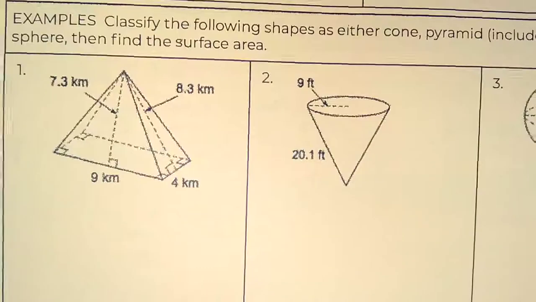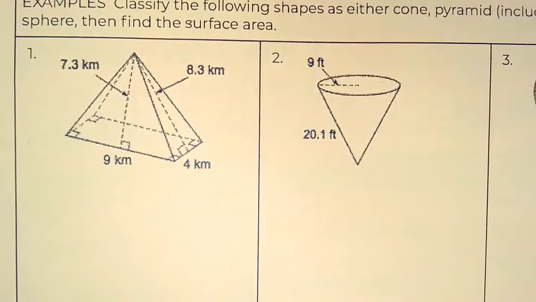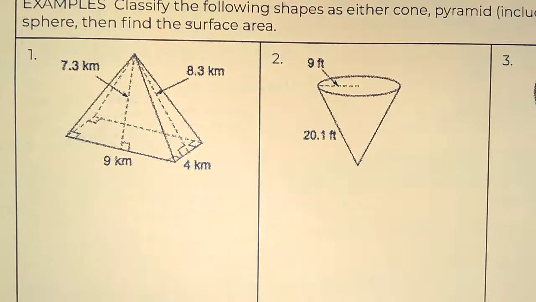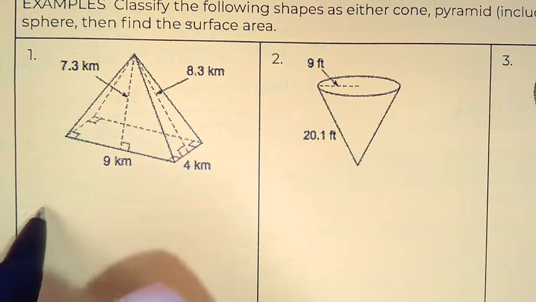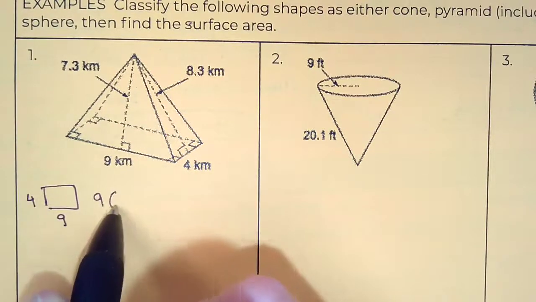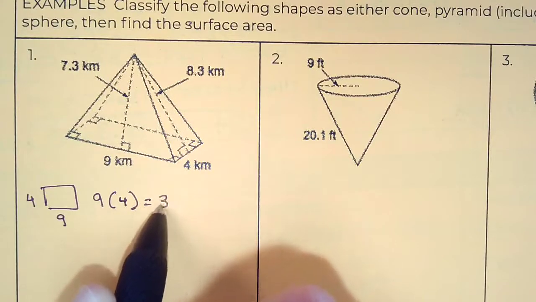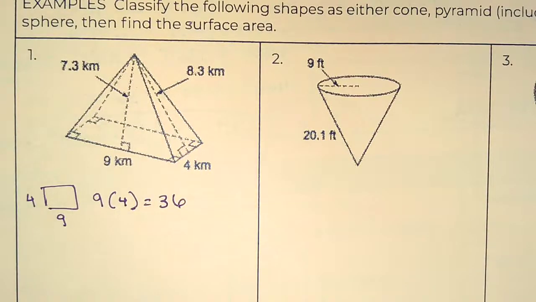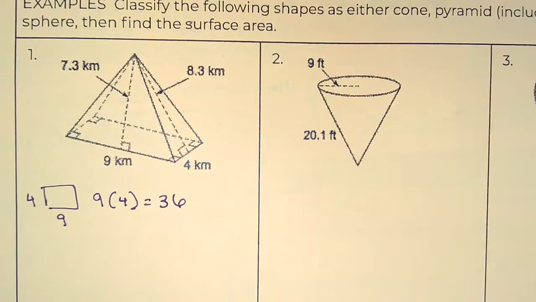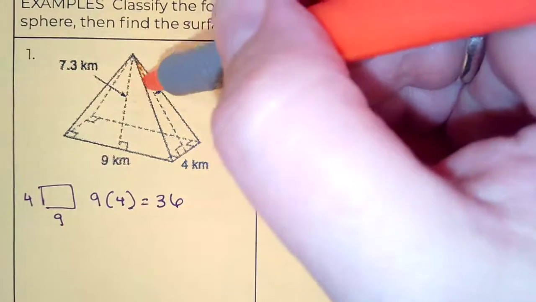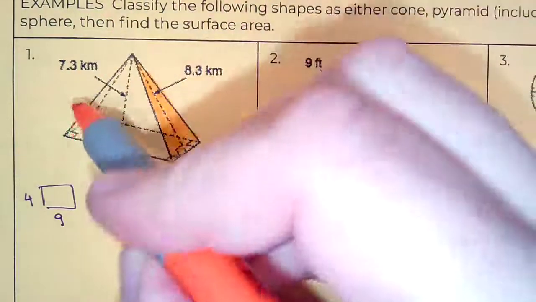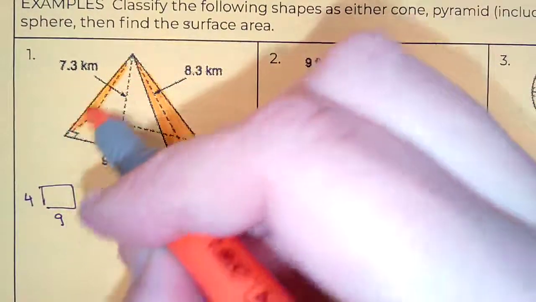Okay. So to find our surface area, we're going to find the area of each of the faces, add them together. So first, our rectangular bottom. That's a 9 by 4, so I'll just do 9 times 4, 36. Then our sides. So this triangular side on the right is the same triangle as this one over here on the left.